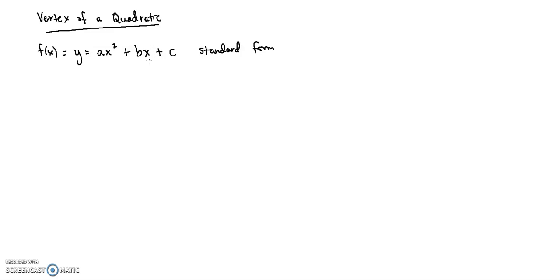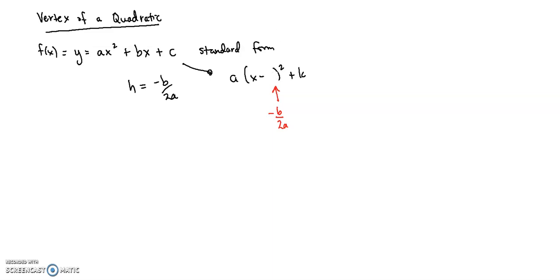So the shortcut, instead of putting this in vertex form every time: if you put this in vertex form in general, what happens is that the h part is always going to be -b over 2a. So you take this and put it into vertex form by completing the square, and this h right here, this position, is always going to be -b over 2a from what you had originally.